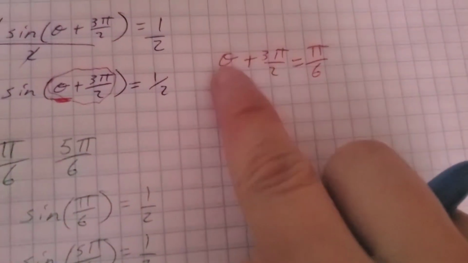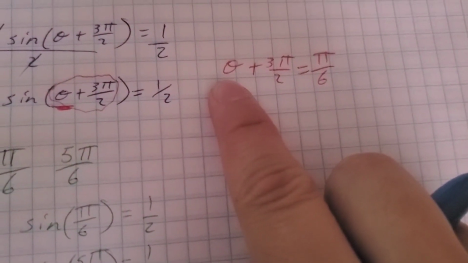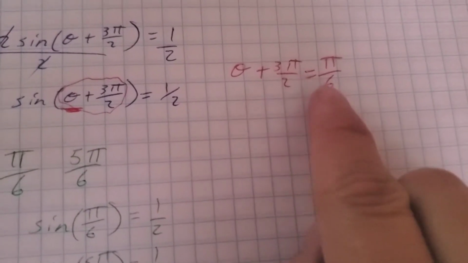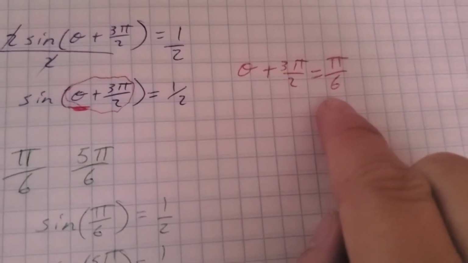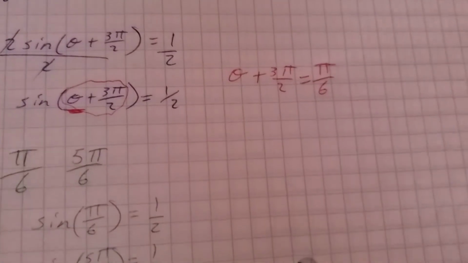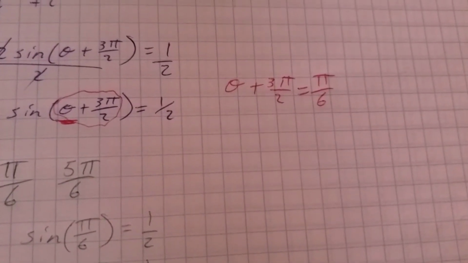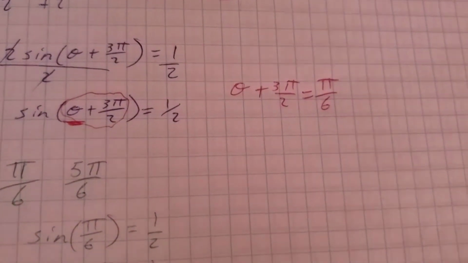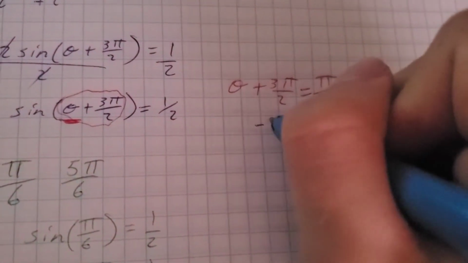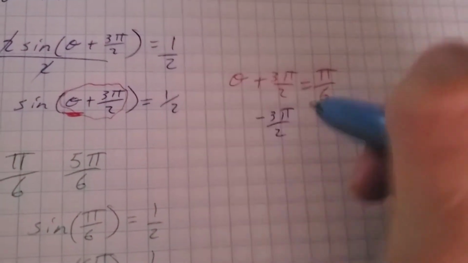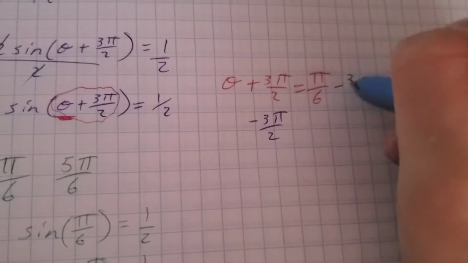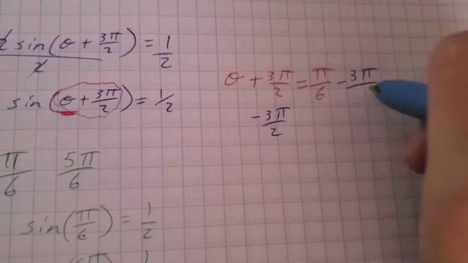I want to find the value of theta so that when added to this gives me pi over 6. So to do this, I'm going to subtract 3 pi over 2 from both sides.